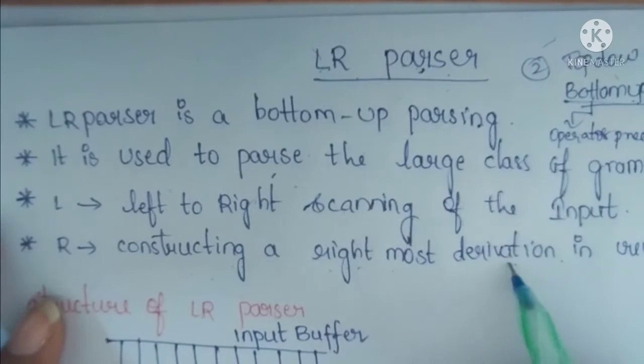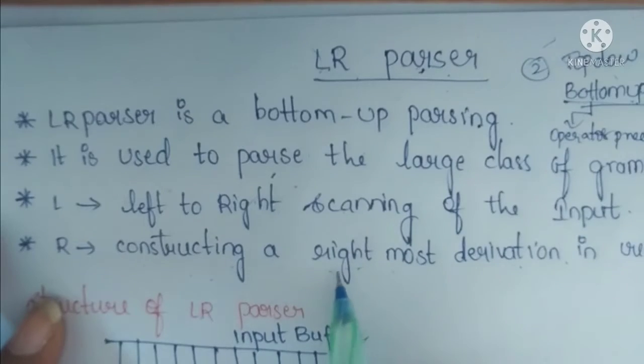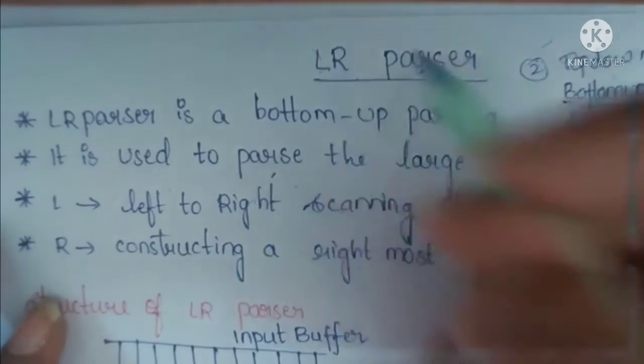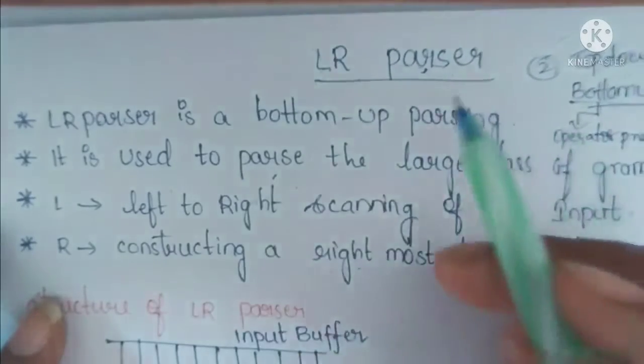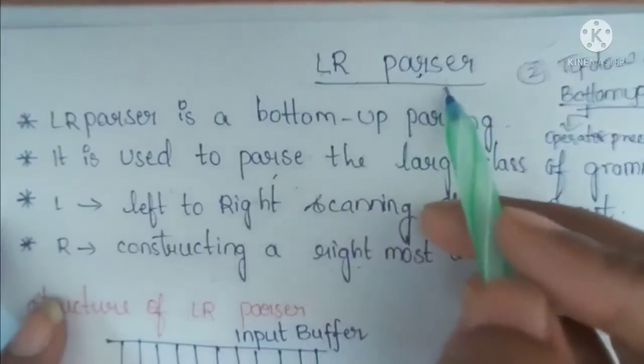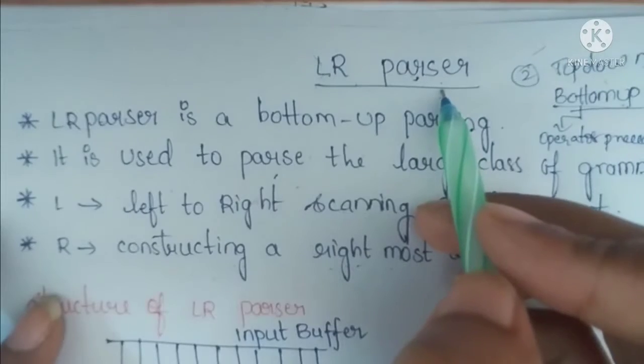It scans the input from left to right and does the rightmost derivation. Now we will see the structure of the LR parser.